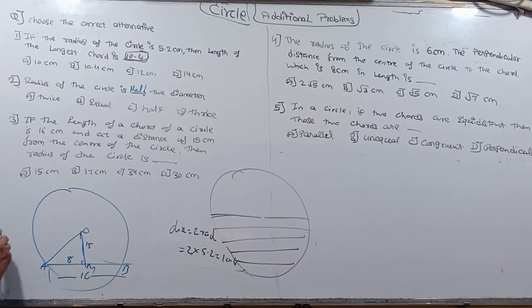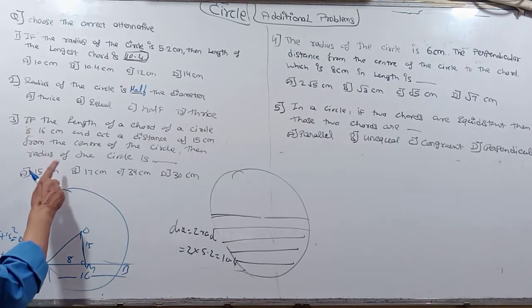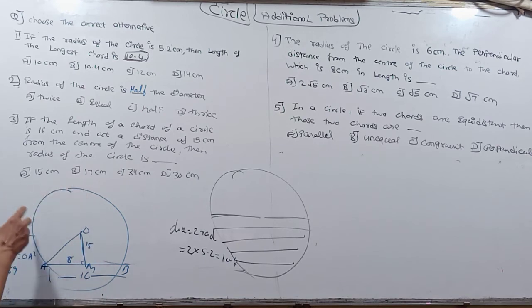8 square plus 15 square is equal to OA square, by the Pythagoras theorem. 64 plus 225 equals OA square. That is 289.